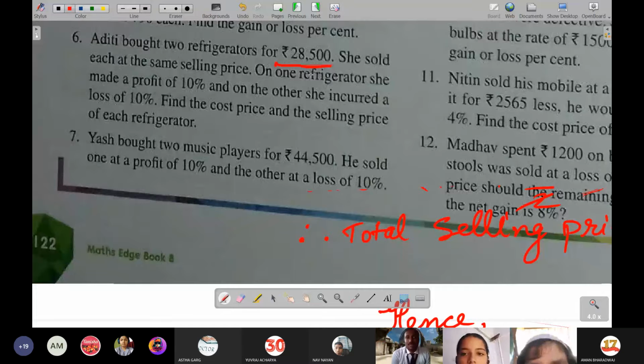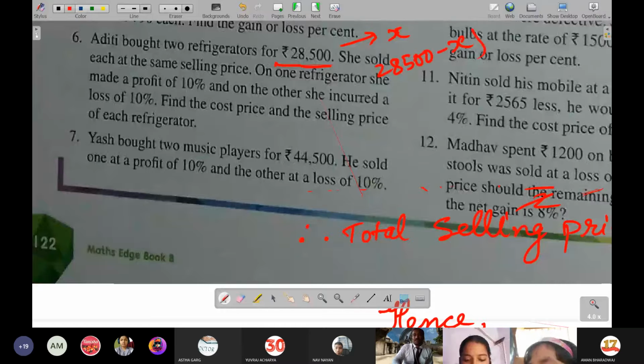On one refrigerator she made a profit of 10%, and on the other she is making a 10% loss. Find the cost price and selling price of each refrigerator. So what you will do here, at first you will assume, let the CP of one refrigerator be X. Then the other refrigerator's cost price will become 28,500 minus X.